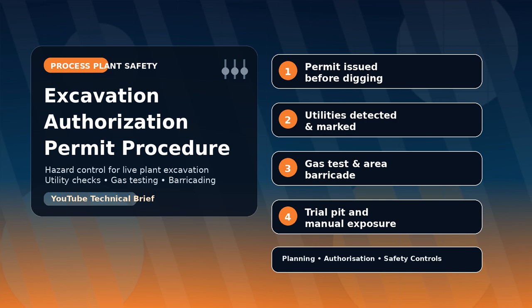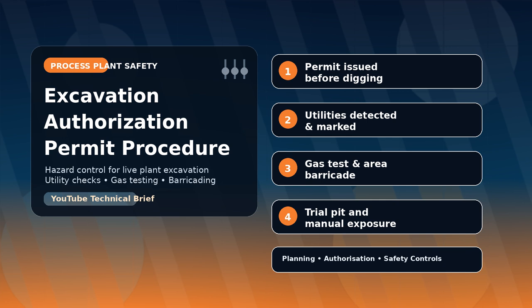You also need to ensure that no heavy loads are placed over the edge of the excavated soil. Otherwise there is a high possibility that the soil will collapse and caving will happen. Then the people working in the excavation may get covered with soil. That is also one of the major safety hazards. All of this you need to attach in that excavation authorization permit.